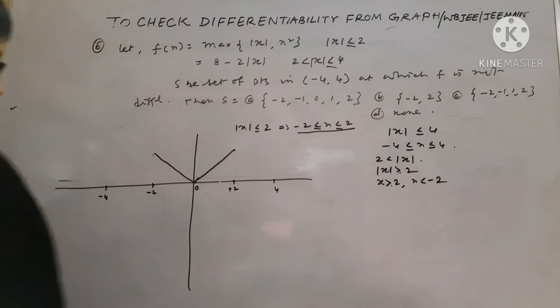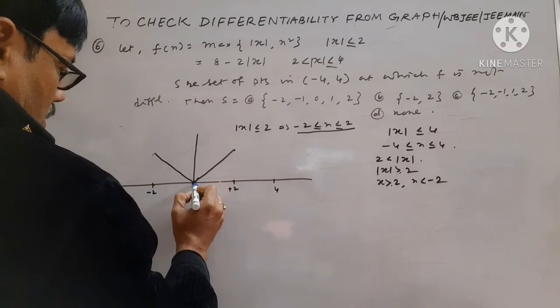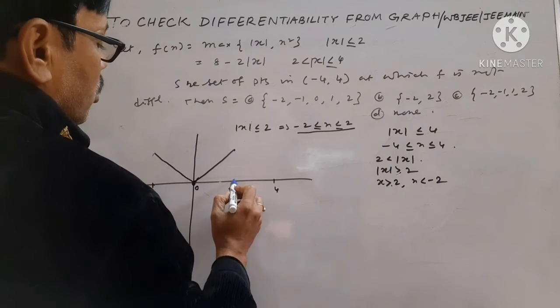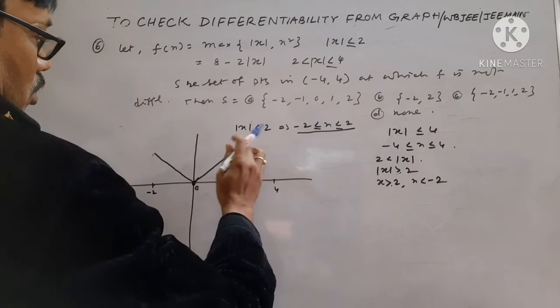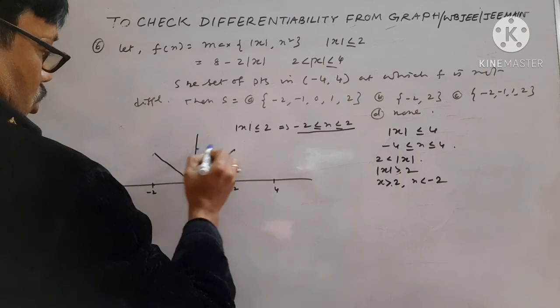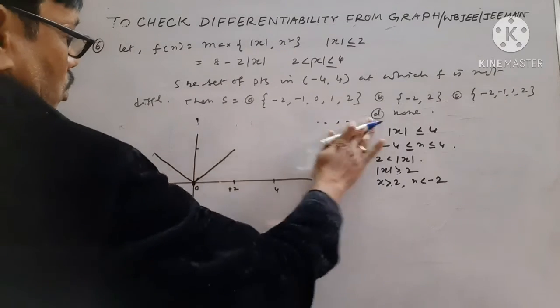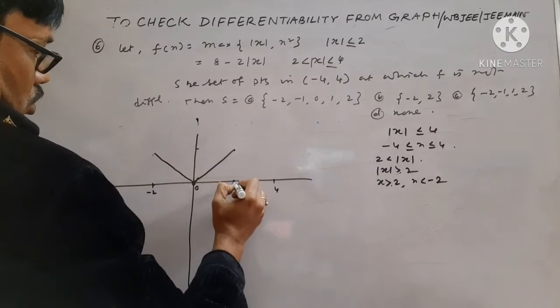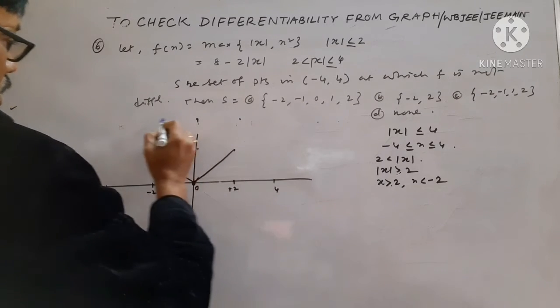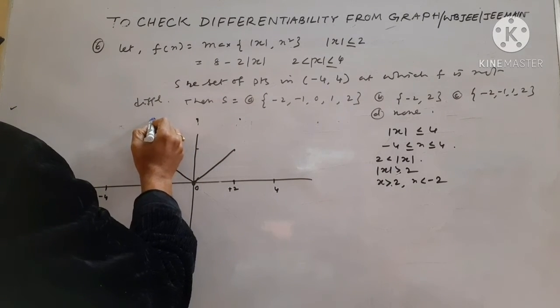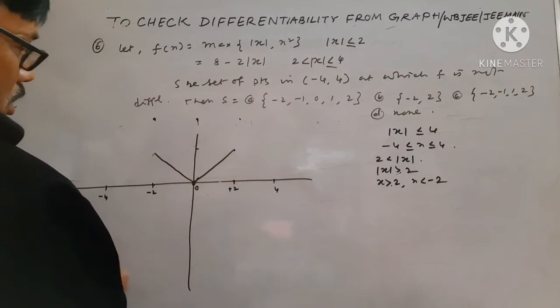Then x square is 0 at x equals 0, and y equals 4 at x equals 2. This is 2, this is 4, and at minus 2 this is also 4.